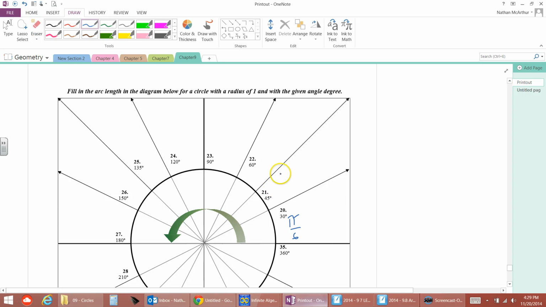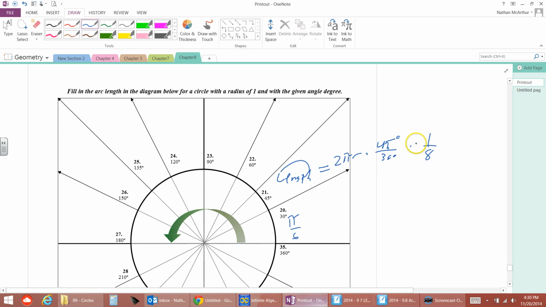So right here we got 45. I'm looking for the length. I go to my cheat sheet and I realize that that's equal to 2 pi r times the measure of the arc, which is 45 degrees, over 360. Well, this can reduce down to be 1/8.